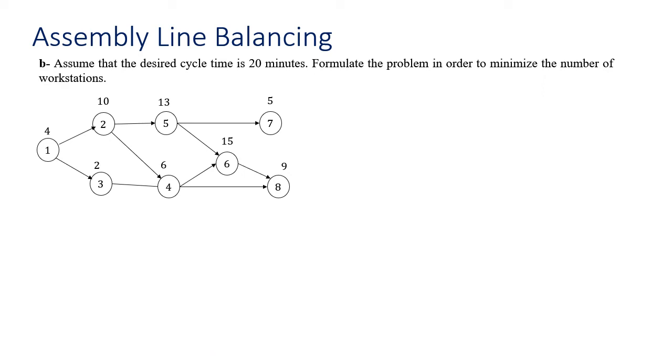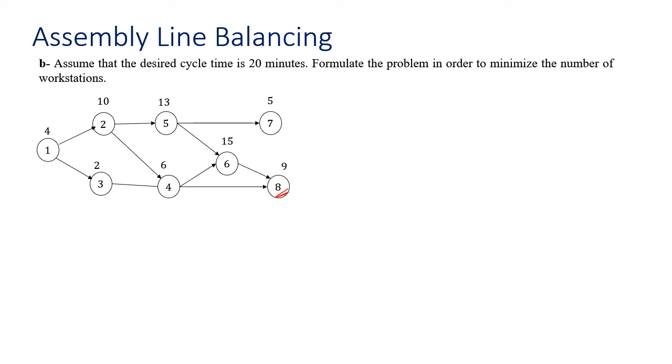I mean, at most this many workstations we can use. And actually we can know that number. Look, how many tasks are there here? So 1, 2, 3, 4, up to 8 tasks, 8 operations. We cannot divide these operations into smaller elements. These are already the smallest elements.